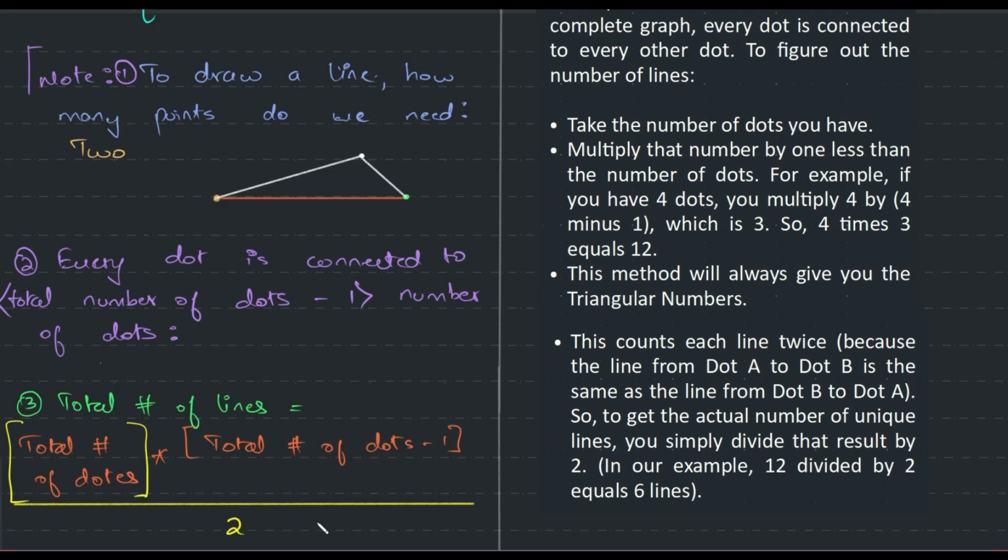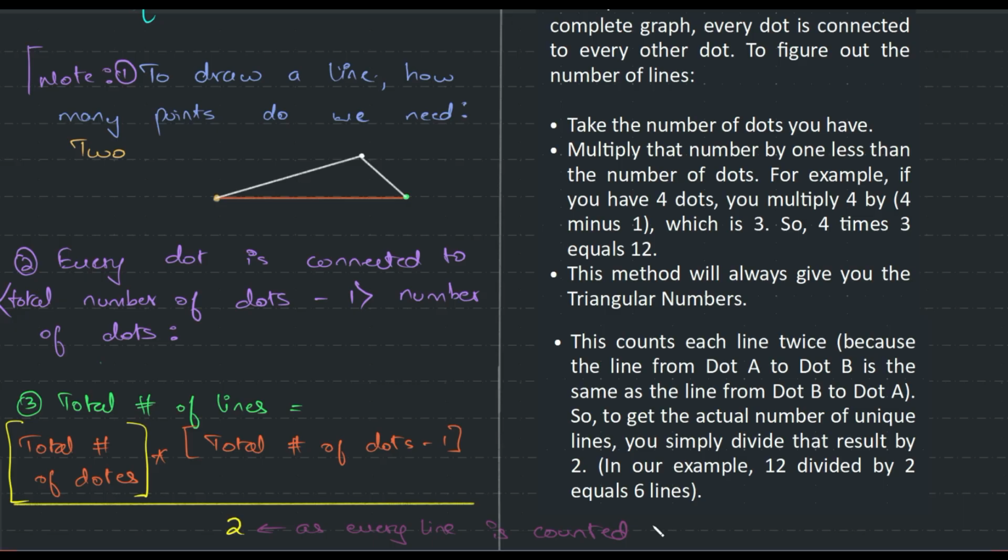Why divided by 2? Because every line is counted 2 times. So if I'm counting something 2 times, what should I do to reduce it to the original number? Divide by 2. If I have, say, 10 people, and I'm counting them 2 times, it will add up to 20.